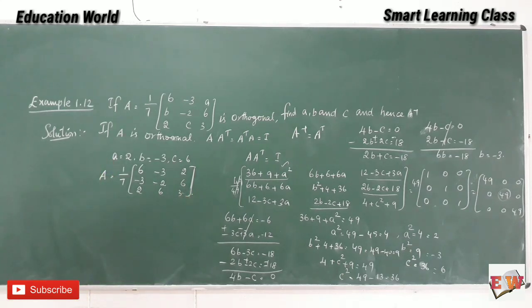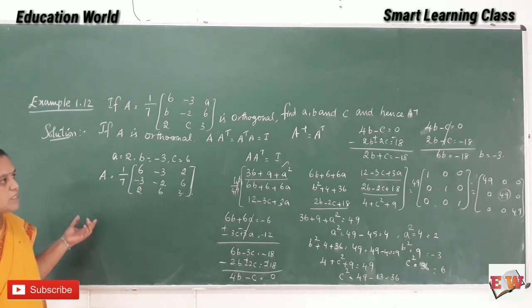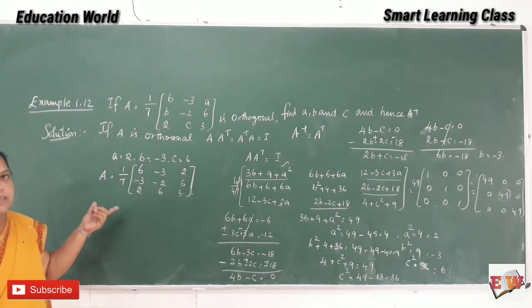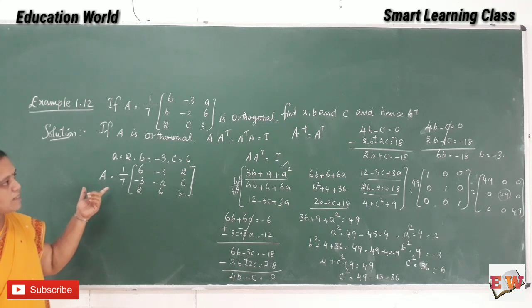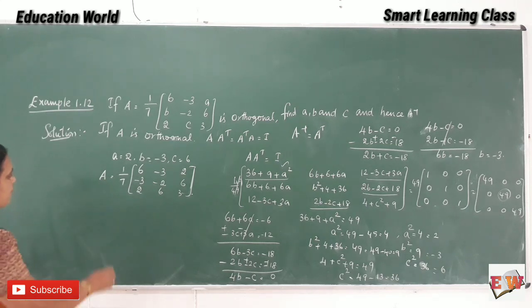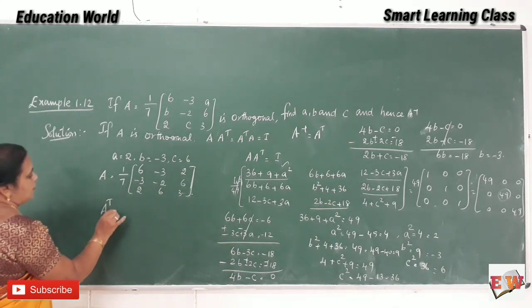Then we have to find the value of A inverse. Suppose the given matrix is orthogonal, we can find the A transpose, which is equal to A inverse. No need to find the A inverse by using that formula. So the given square matrix is orthogonal, so we can find A transpose for this.